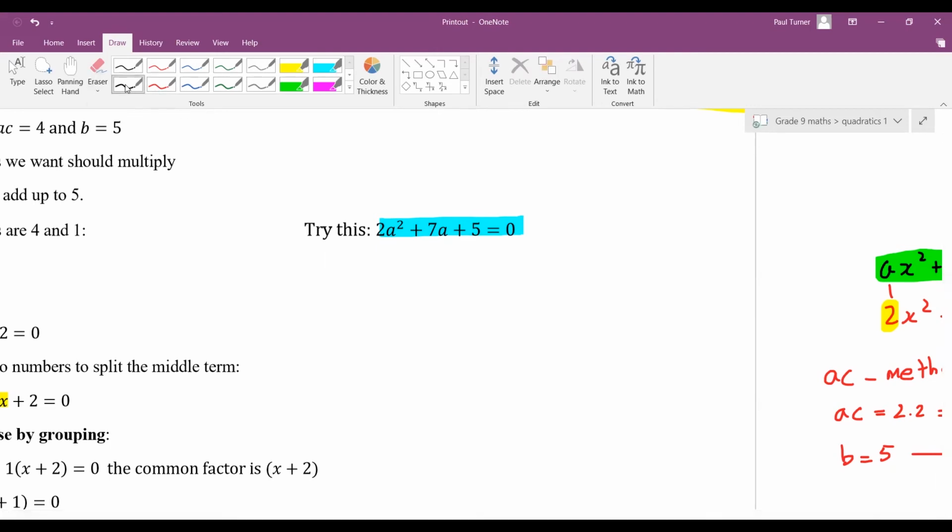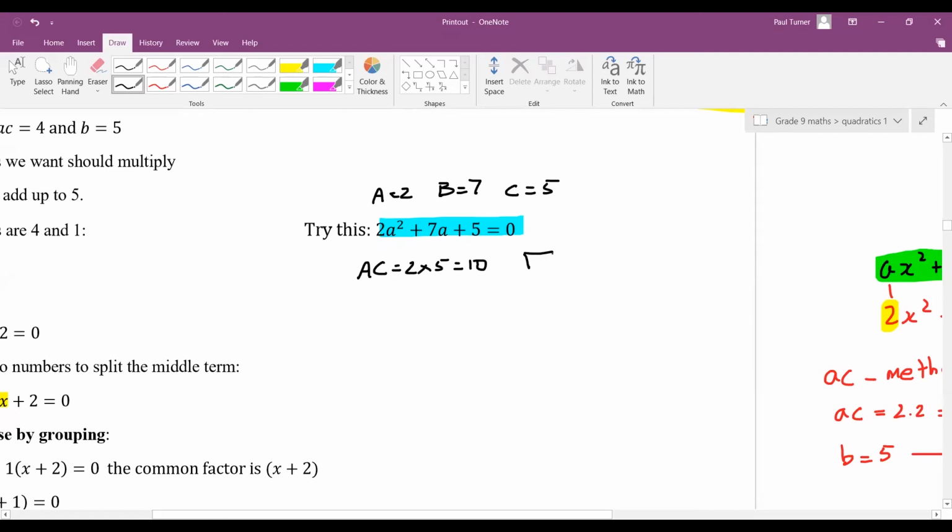Okay, so let's do our AC for this problem. We can see that A is 2. So you can do this one with me. So A is 2, B is 7, C is 5. So A, B, and C. So AC is 2 times 5, which is 10.